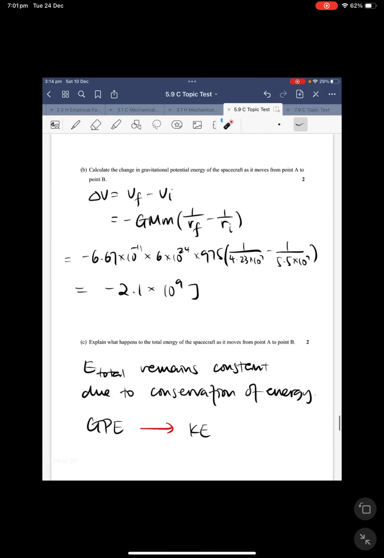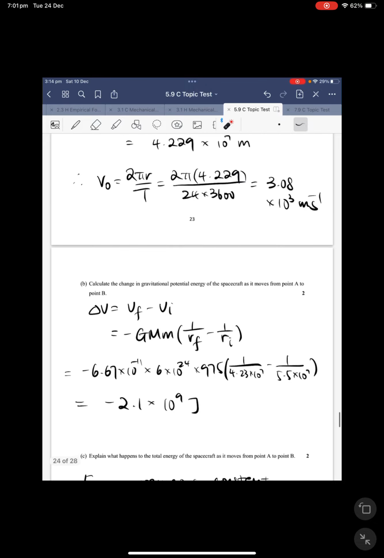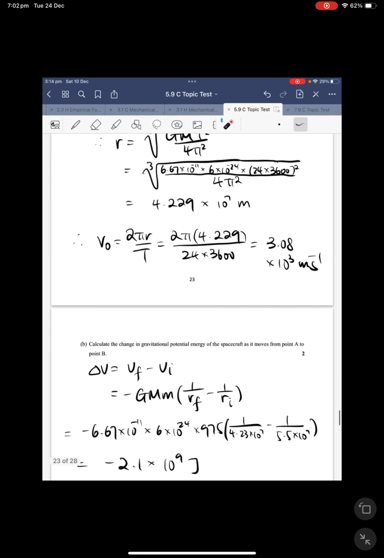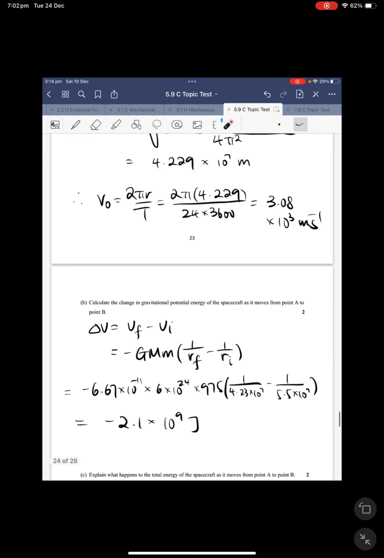Now, part B tells us to calculate the change in gravitational potential energy of the spacecraft as it moves from point A to B. Again, we just want to take the final potential energy minus the initial potential energy using this formula here. The final radius we calculated above, which is approximately 4.23 times 10^7 meters.